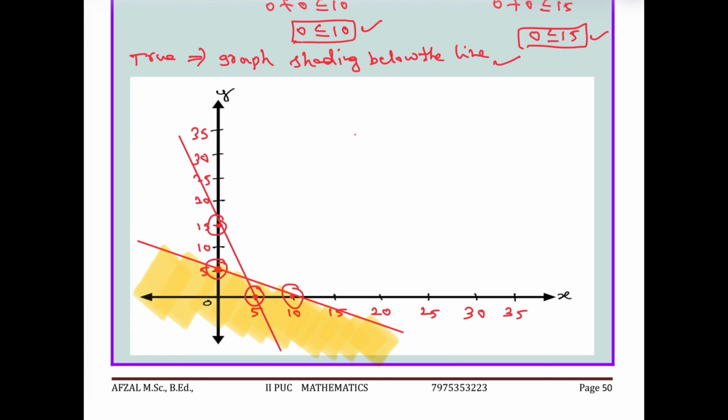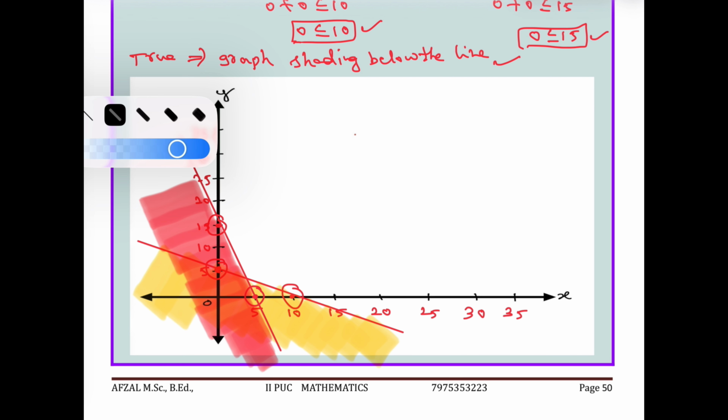Now according to the zero test, we have to shade below the line. Now the region where both shadings overlap is the feasible region. The feasible region is this part.